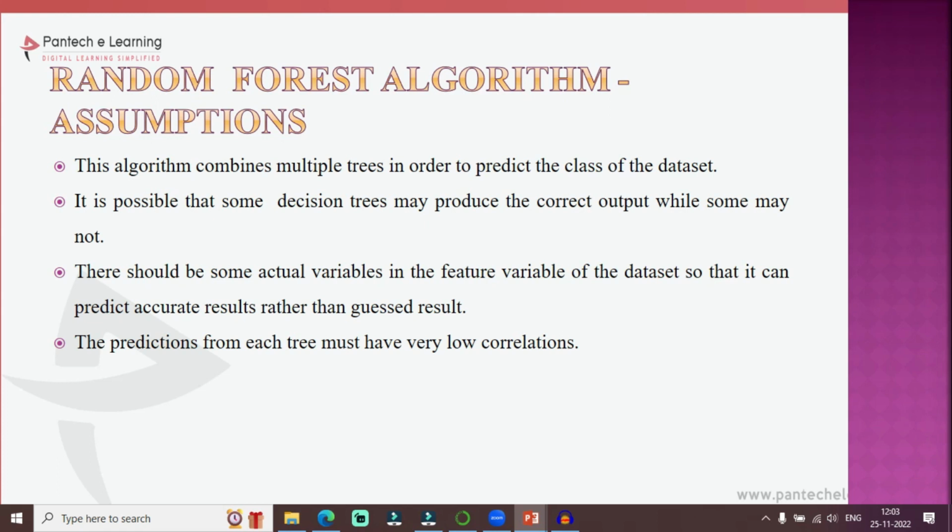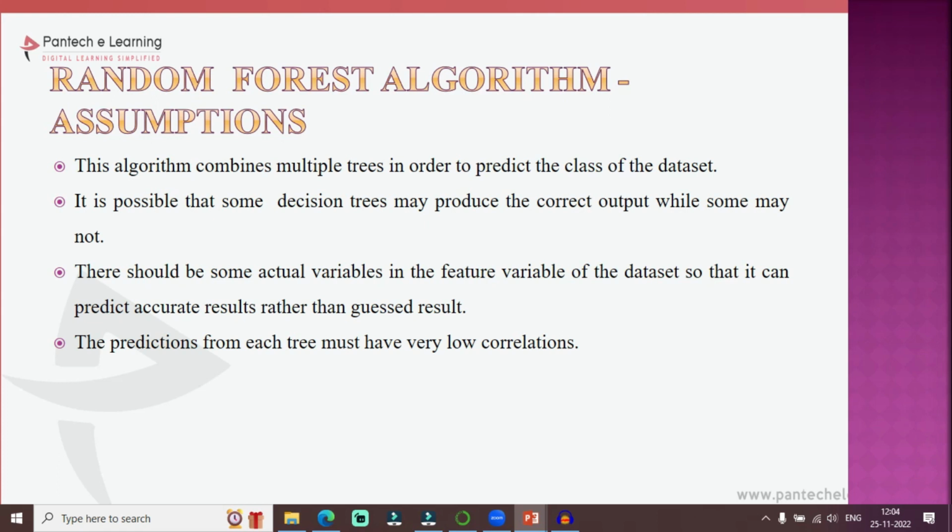Whenever you are going for any kind of machine learning model, you have to make some assumptions. This algorithm is going to combine multiple trees in order to predict the class of the data set. Instead of a single decision tree, it is going to combine the results of several decision trees.